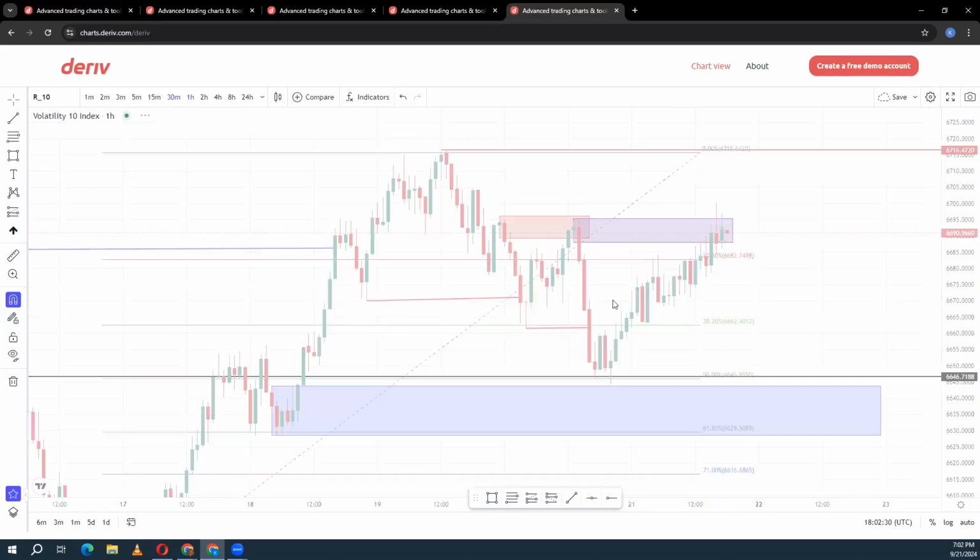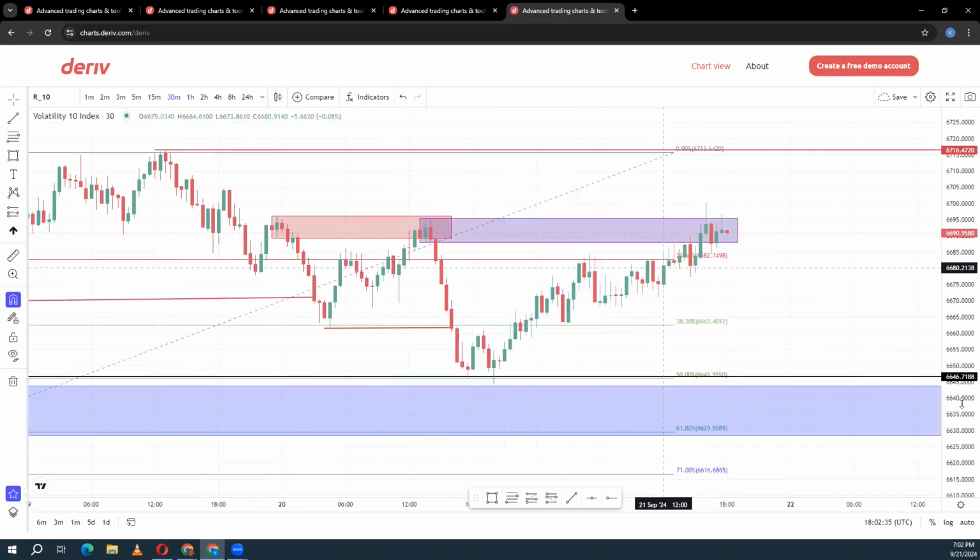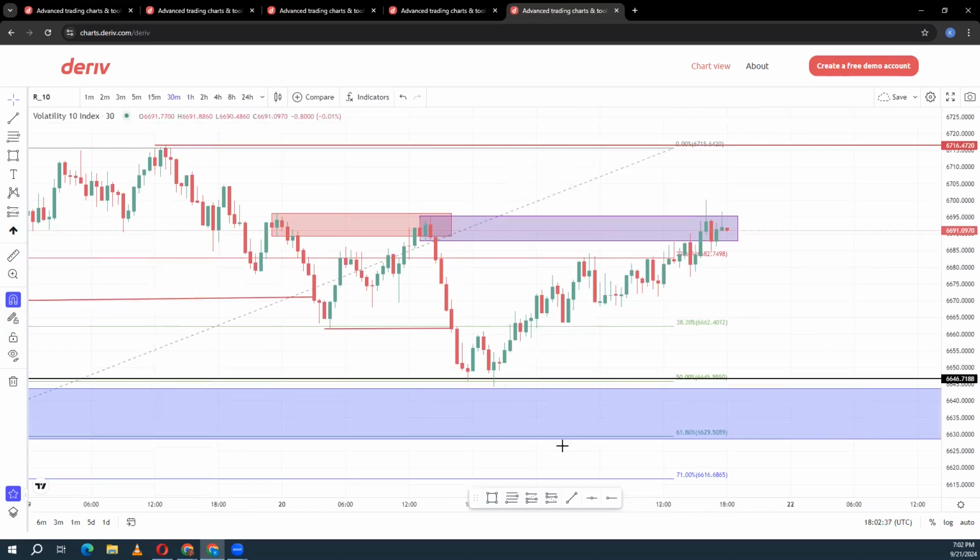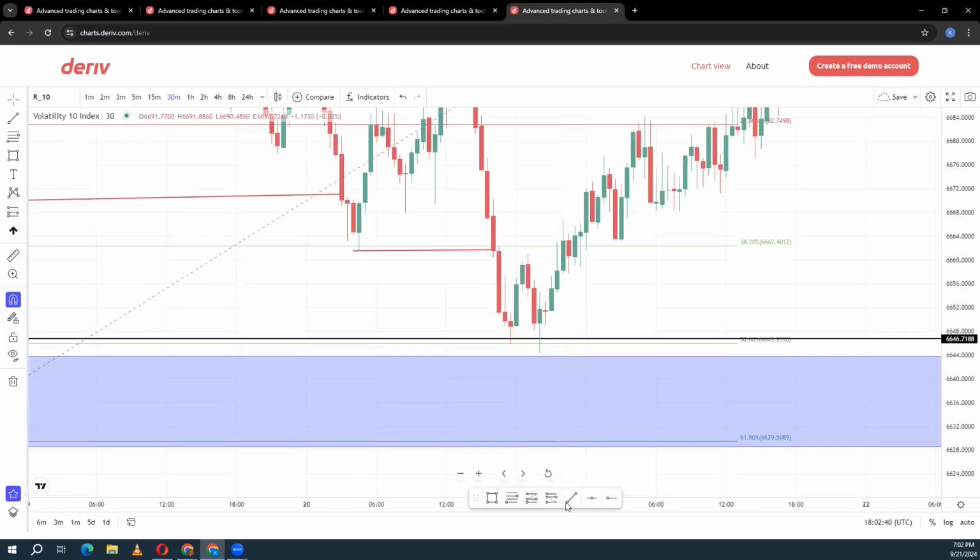So let's keep going. On the 30 minutes, when this market came to this 50%, this was how I got the trade. I saw this low taken out. That's what you're expecting. So you can write this down, guys.